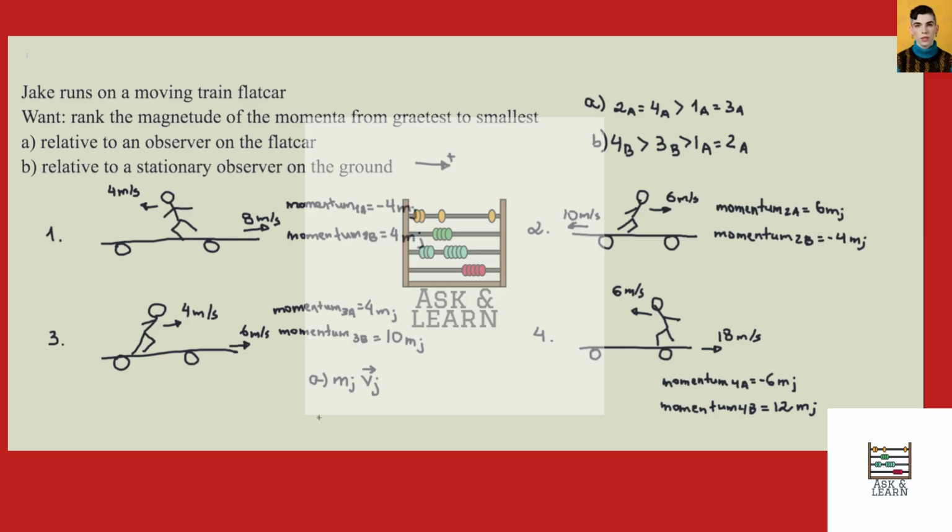For part B, it's the mass of Jake once again, and then we multiply that by Jake's velocity summed with the cart's velocity. Once again, let's remember that this is a vector addition, therefore the direction matters, and we are going to use positive if it's going towards the right and negative if it's going towards the left.